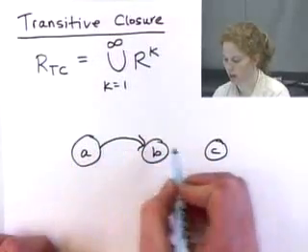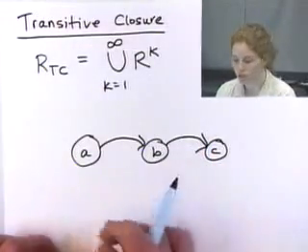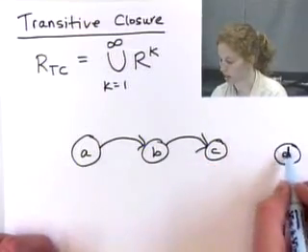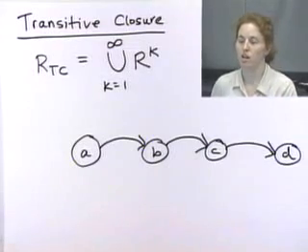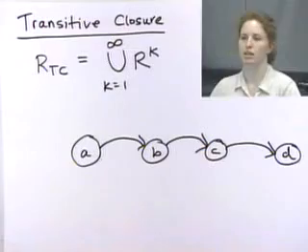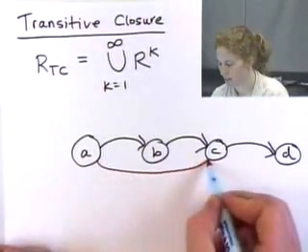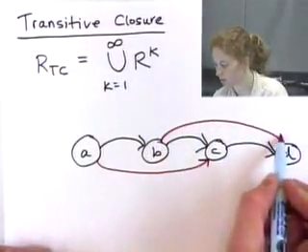So we said if we have A goes to B and B goes to C, then we need to have A goes to C. So if this is our original relationship, let's just say we have another point here, D, and C goes there. Okay, so if this is our original one, what do I have to add to make this transitive? A to C, A to D. I need to add A to C and B to D, right?